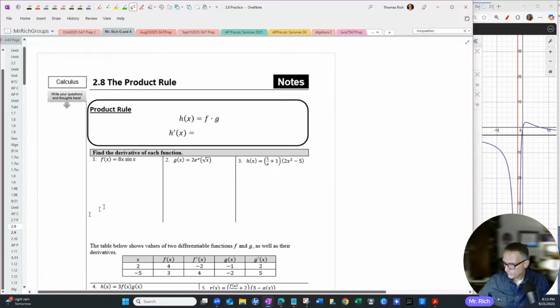Take me back to full screen for myself, and I'm going to go grab one other worksheet that I think we need here. So I want to start with the rules of derivatives for what we call the power rule. So let me pull up some power rule questions for AP Calc.